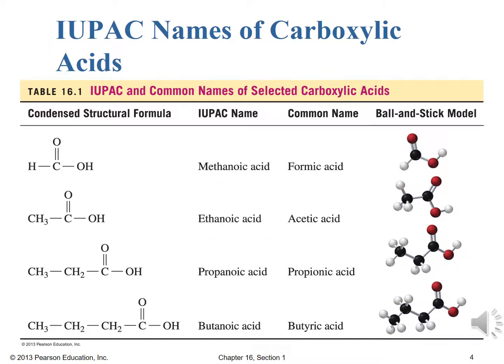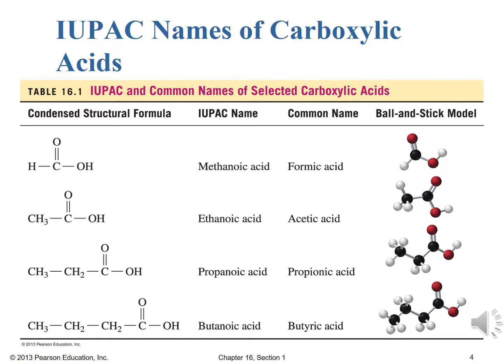Okay, there it is already. We're looking at table 16.1 here, which has the IUPAC and common names of selected carboxylic acids. So there's our simplest carboxylic acid, methanoic acid, the 1-carbon carboxylic acid, much more commonly known by its common name of formic acid. Again, if you know your Latin, formic acid has ant as its root, so it's an acid that is associated with ants from the ancient world, and therefore that common name persists today.